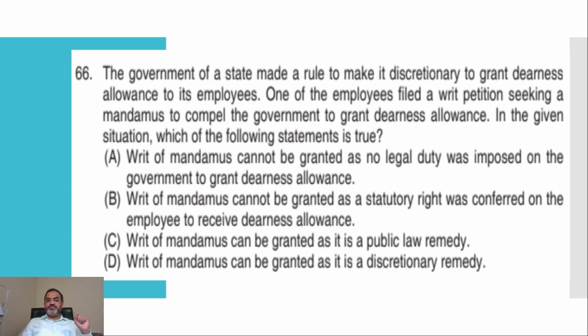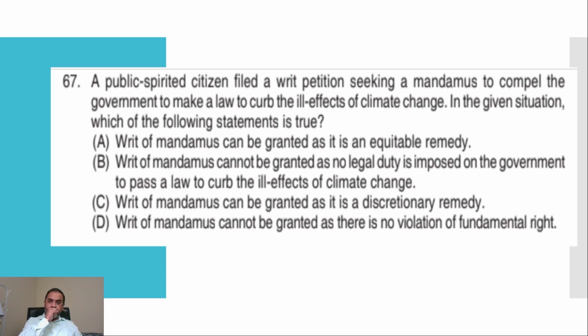If that be the case, writ of mandamus cannot be issued. And if you look at clause B, writ of mandamus cannot be granted as statutory right was conferred on the employees to receive. No, there is no statutory right to receive dearness allowance. It remains discretionary, and that is why clause A is actually the correct answer.